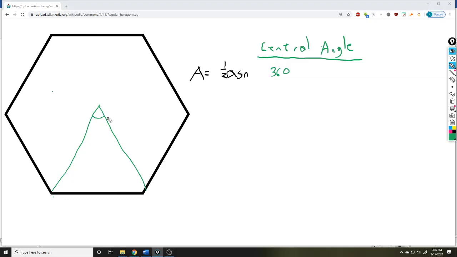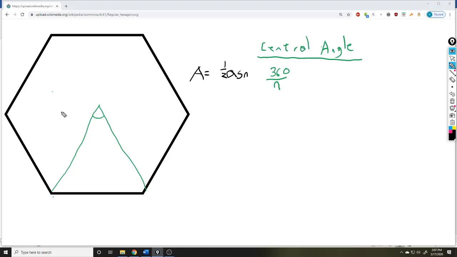So each of these angles in the middle of the triangles are also going to be equal. They're each going to be divided by however many triangles I made, which we decided was how many sides the shape had, which is n. So that's the first step to finding the central angle: 360 divided by n.